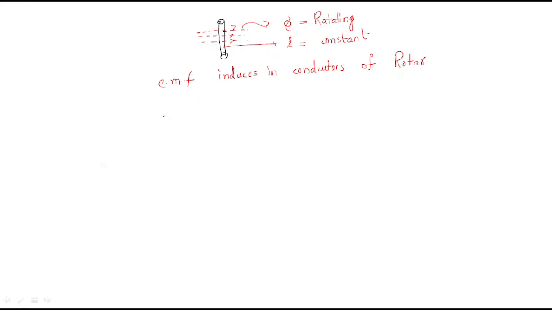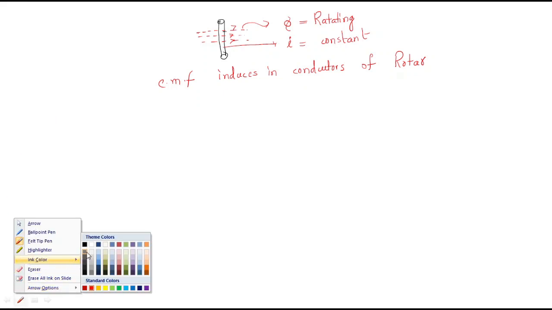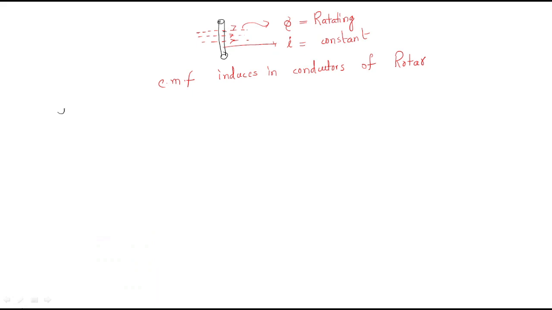So we have more number of conductors and a lot of EMF is induced. If you observe here, all the conductors are short circuited on both sides like this. This is the formation of the conductors. Generally these are connected with the end rings, as in the rotor diagram.